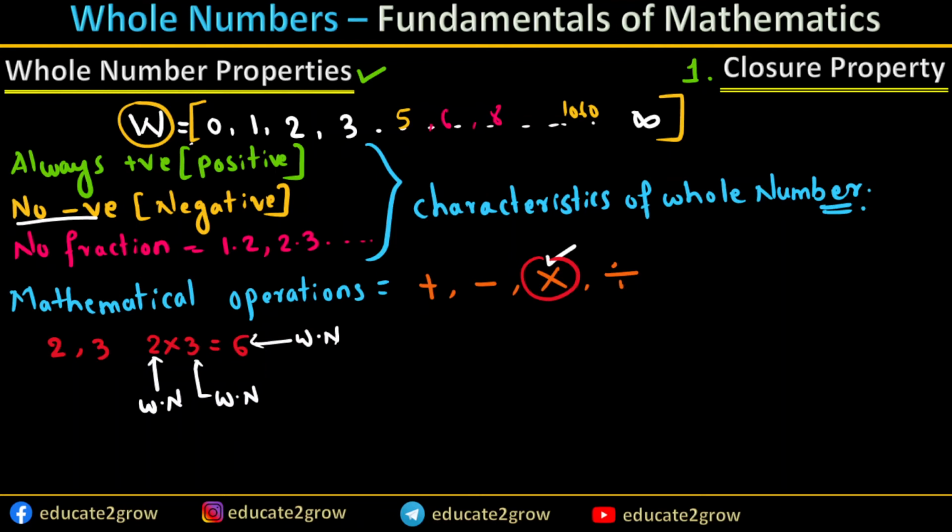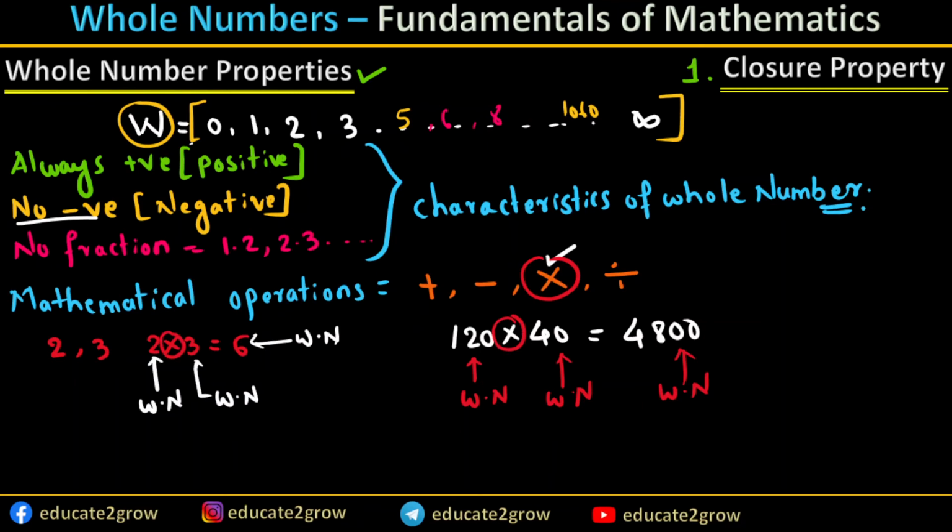Now let us go with 120 into 40. The answer is 4800. Now let us see, this number is as well a whole number, this is also a whole number, and this is also a whole number. Okay, and the operation we are doing is multiplication.